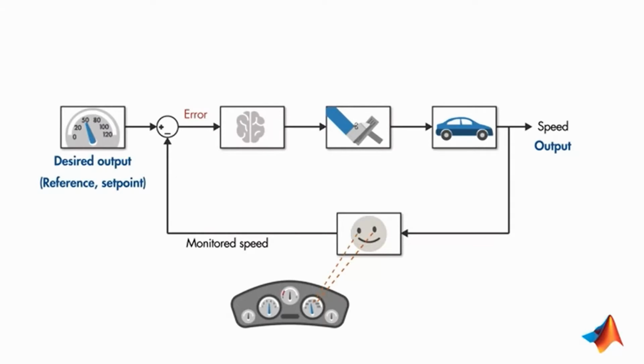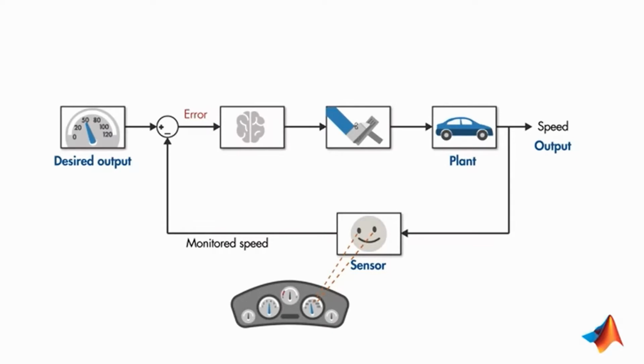The object whose output you try to control is called the plant. The output of the plant is measured by the component called the sensor, and the measured output is then compared to the desired output. The difference between the desired and measured output is the error.